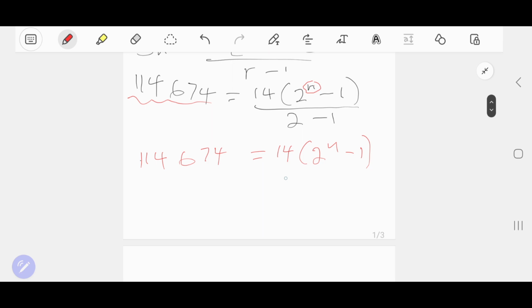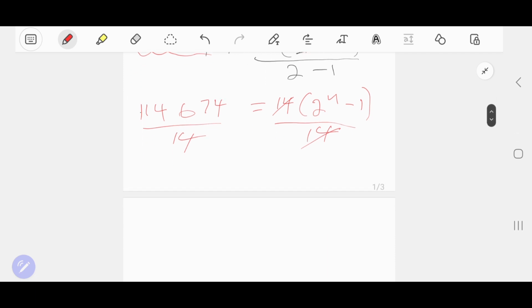And then we get rid of 14. We divide by 14 both sides. This and this cancels out, people. And then what answer do we get? 674 divided by 14, and then my answer is 8191.